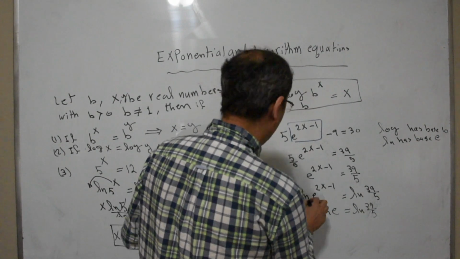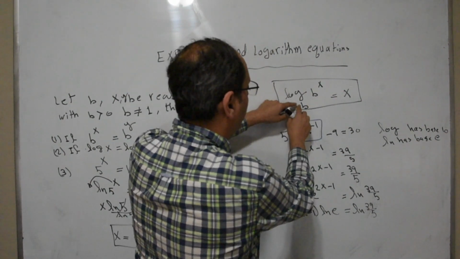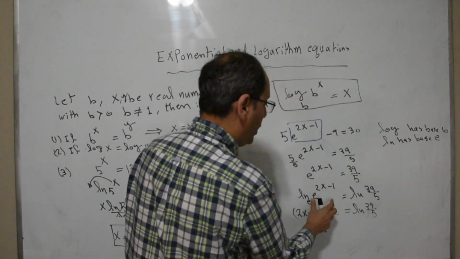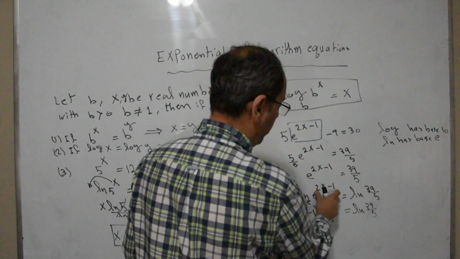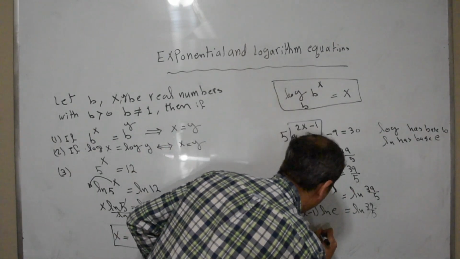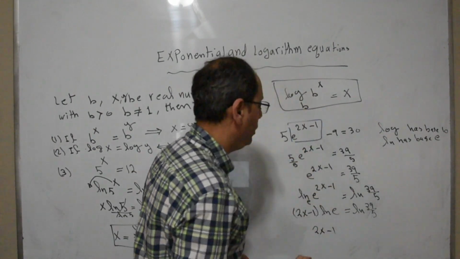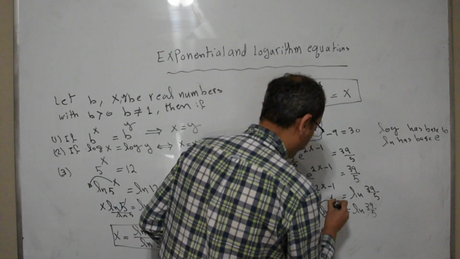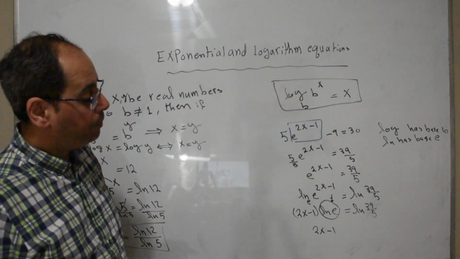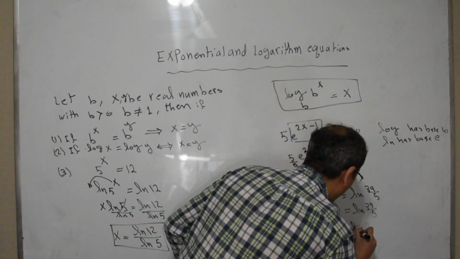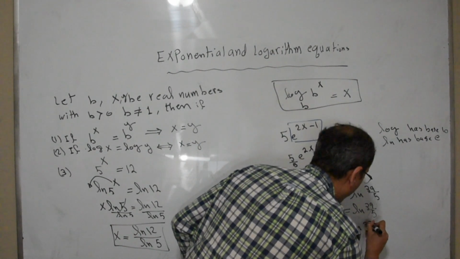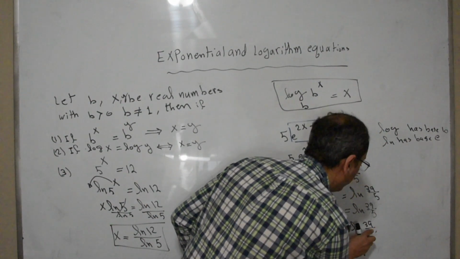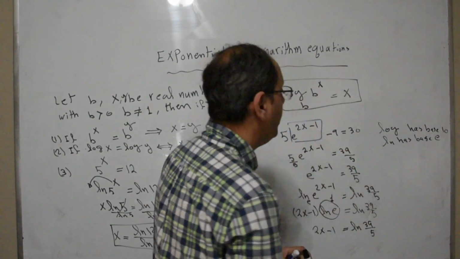Yes, e. So let's go to this rule: log base b of b to the x is x. That means the answer here is 2x minus 1, because the natural log of e is always 1. So I have 2x minus 1 equals the natural log of 39 over 5.